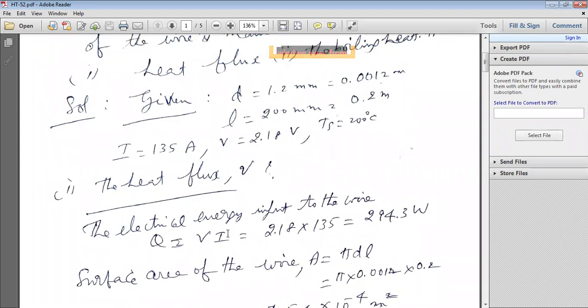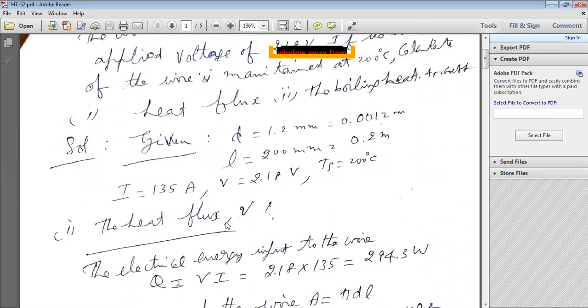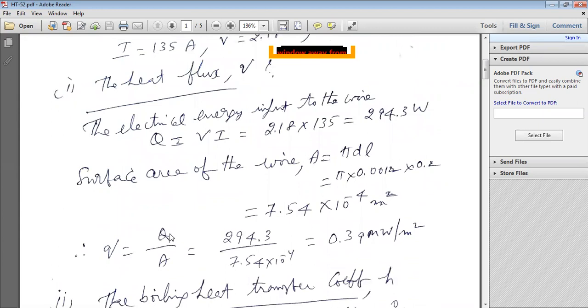He has given the voltage and the current, so from the basics, the heat developed in the material of the wire is VI. Once you get the capital Q, the heat transfer rate, the heat flux can be calculated by dividing by area.